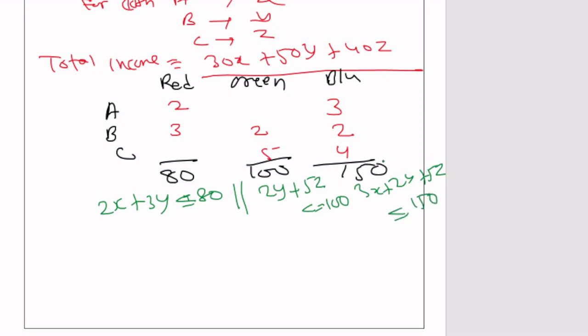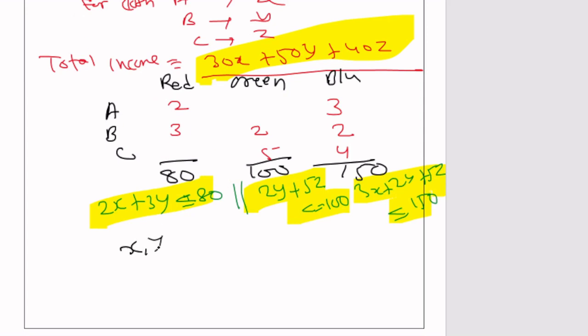We got three conditions, right? And you need to maximize the income subject to these. In this case there is no limitation on x and y given, so you can write x, y greater than or equal to 0. This is your solution for question number 10.